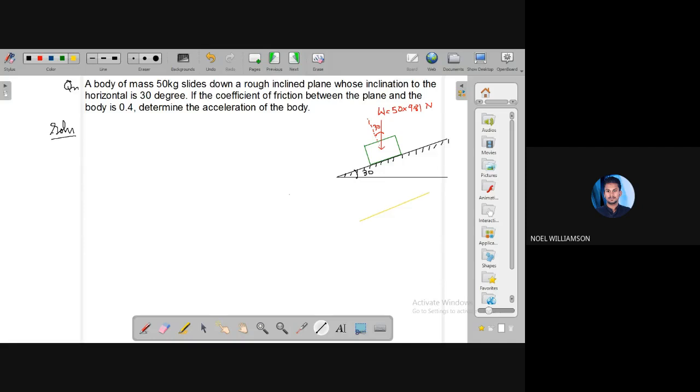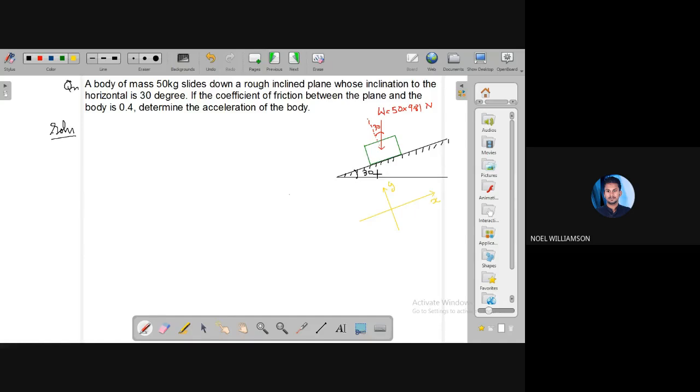This is parallel to the inclined surface, this is the x-axis, and perpendicular to it we take the y-axis for simplicity. Okay, then we can rotate the figure and analyze.